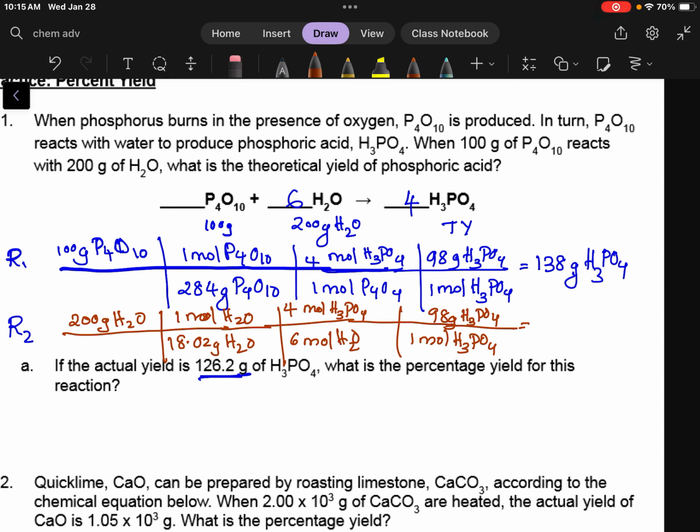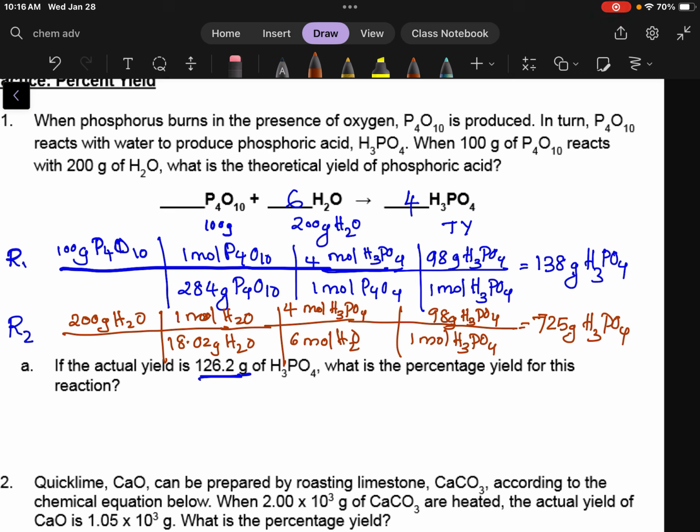So you will get 725 grams of H3PO4. I believe that is correct. Let me double check because the value is very big. 200, 498 divided by 18.02 by 6.